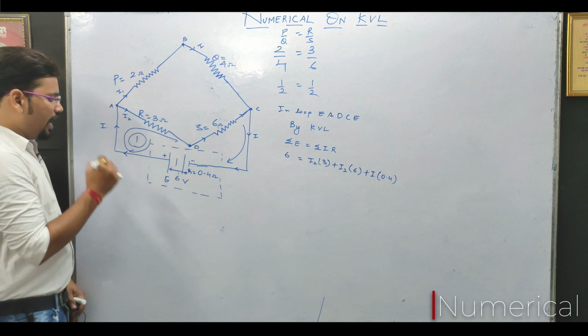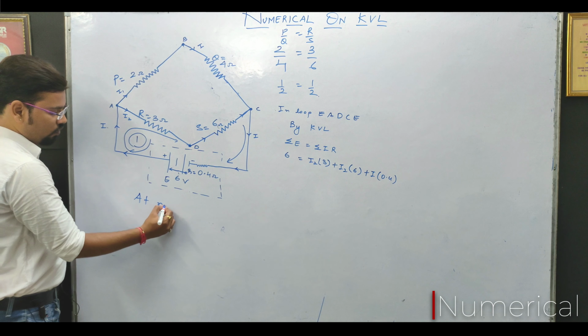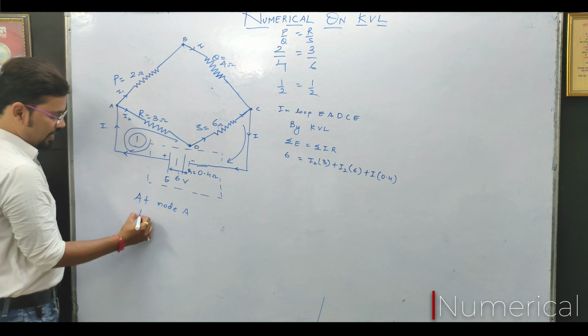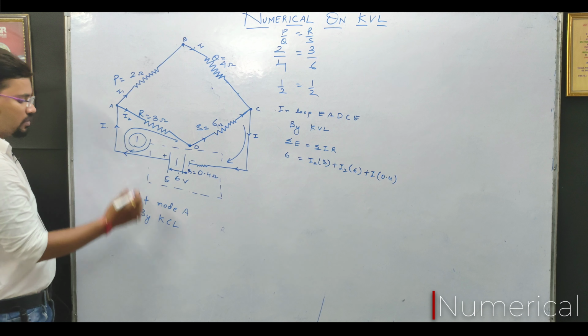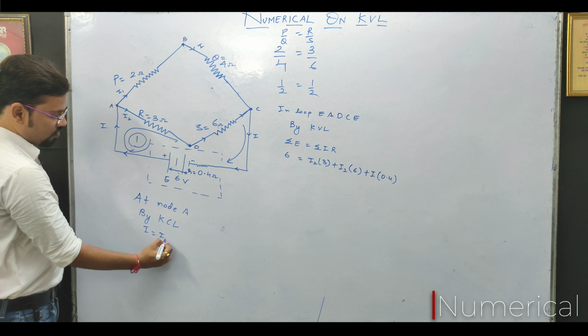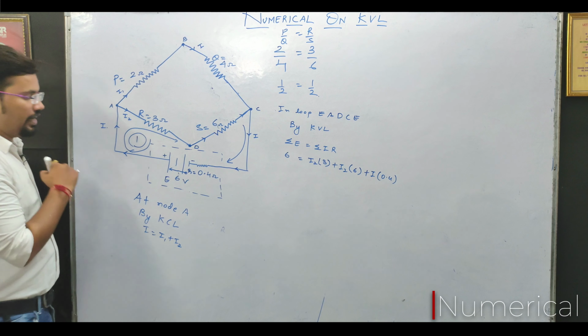Now at node A, what do we see? By KCL, if we apply KCL at node A, I is splitting into I1 plus I2, so I will be equal to I1 plus I2.